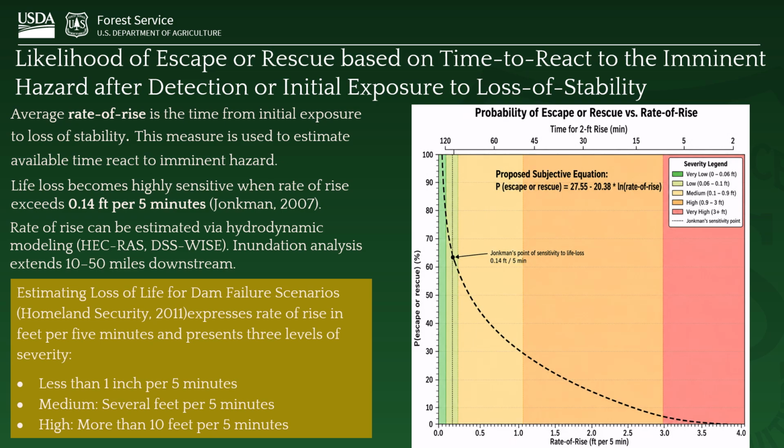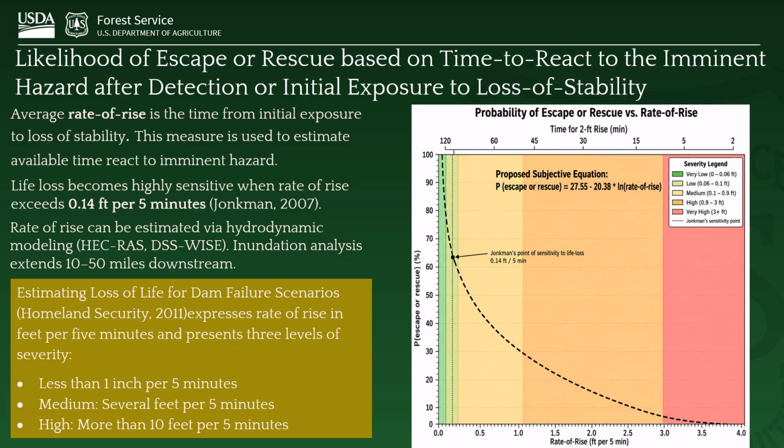However, this concept appears to have been ahead of its time, as it is still not widely applied in consequence analysis for rapid rise events. Future research of historical rapid rise flood events and subjective interviews could support further verification of likelihood estimates.